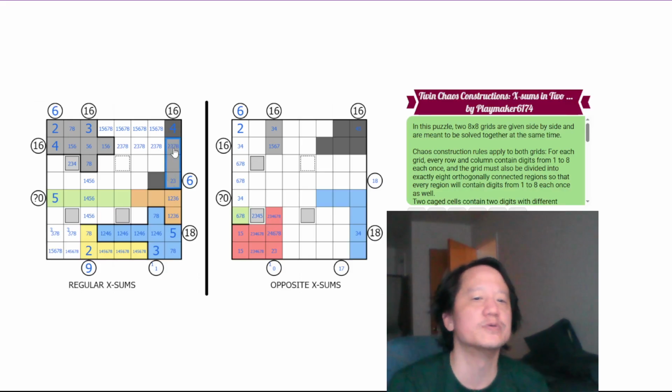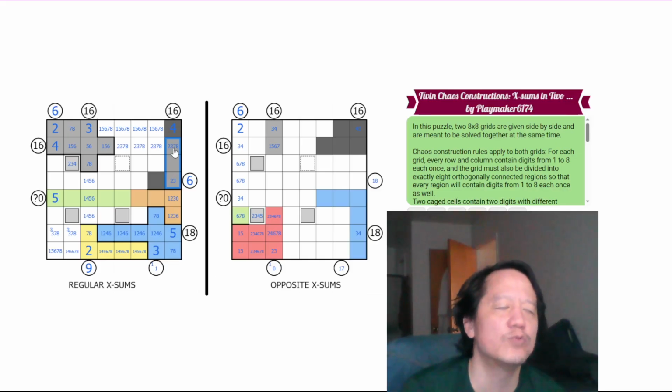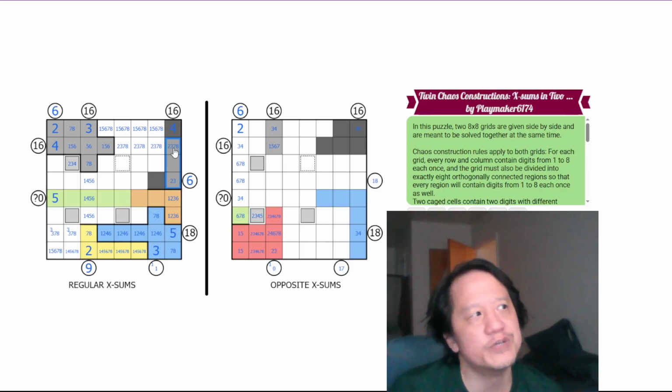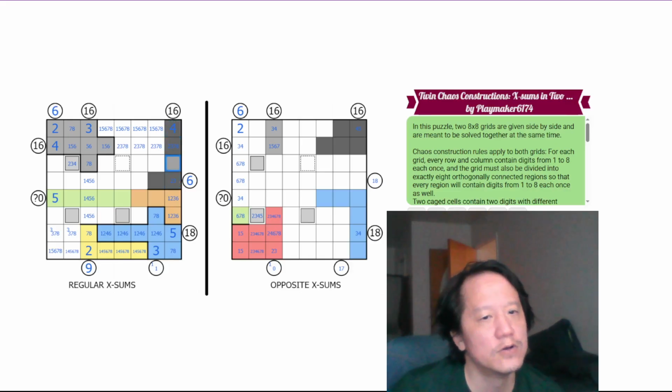What are the possibilities? Add up to 12 with 8 is 1, 3, 8. Add up to 12 with 7 would be 2, 3, 7. It cannot be another 1, 4, and 7 because we have a 4 there. So this is 1, 2.